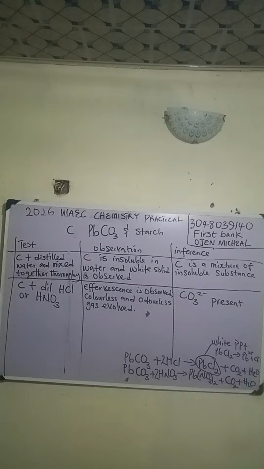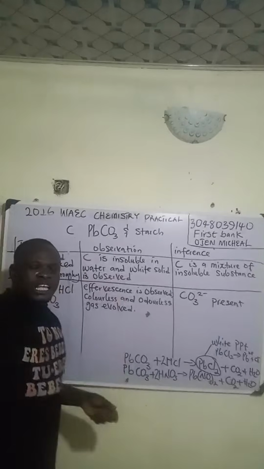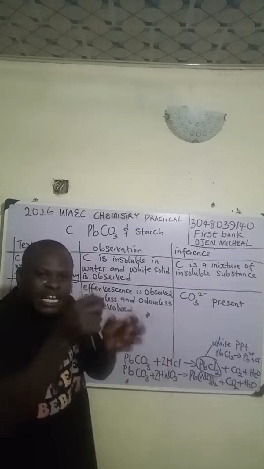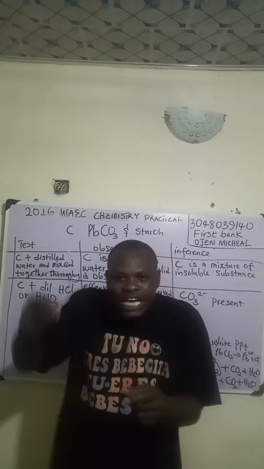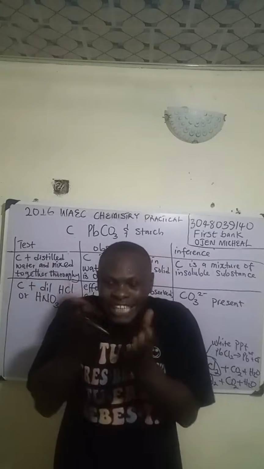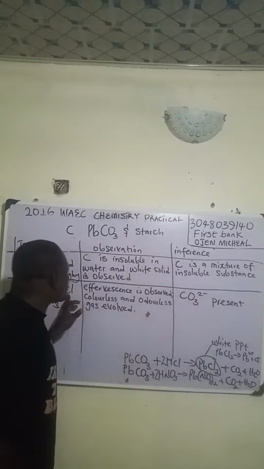Yes, Joe, yes. If you dissolve this one with water, you carry that water, of course, you use a test tube. All this is carried out in the test tube. You carry that portion of water and put a small quantity of it in a test tube. When you put a small quantity of it in the test tube, you will now test with what?